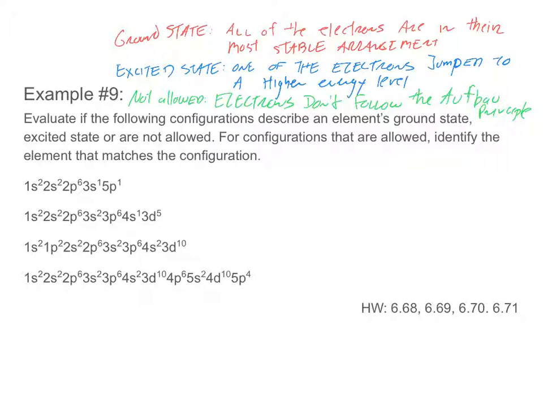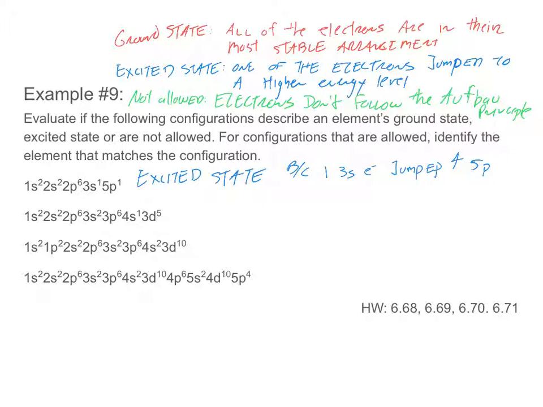Now, one might argue that this is not allowed because it doesn't follow the normal pattern, but I would argue that it is an excited state because one of the 3s electrons jumped up to the 5p energy level.